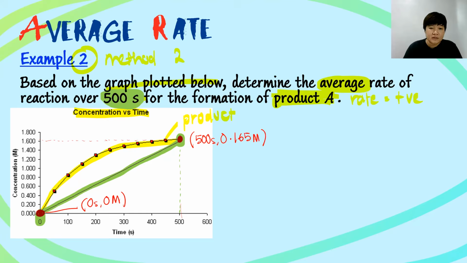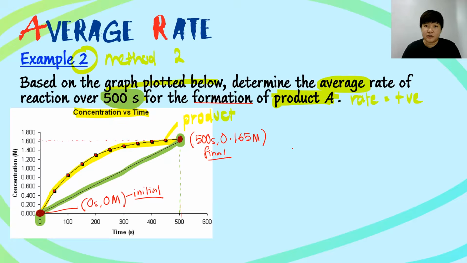From these values, you can determine which is your initial and which is your final. Because it's the formation of a product, your initial is at time 0 and your final is at time 500 seconds.